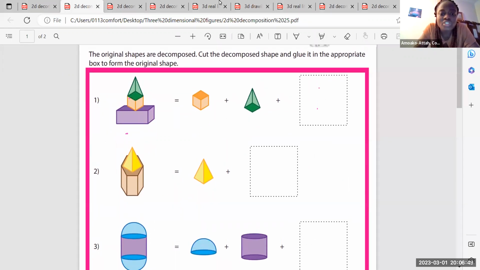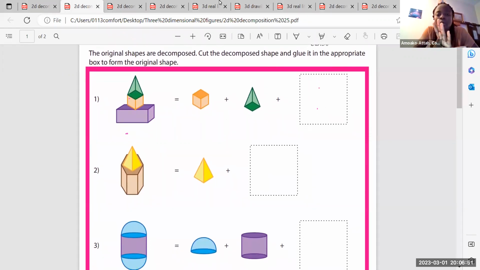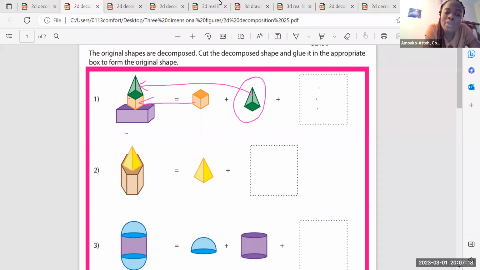Then the second activity. We have the 3D shapes, and we have to cut the decomposed shape and glue it to the appropriate box to form the original shape. What do you think is missing over here? We have this here, and we have the pyramid on top. Usually we name prisms based on their base.